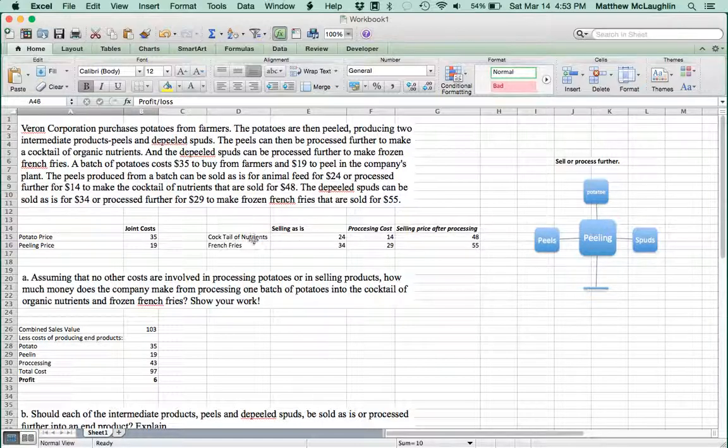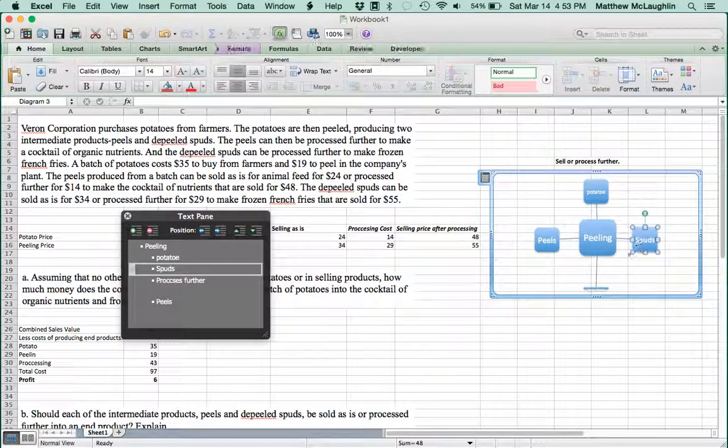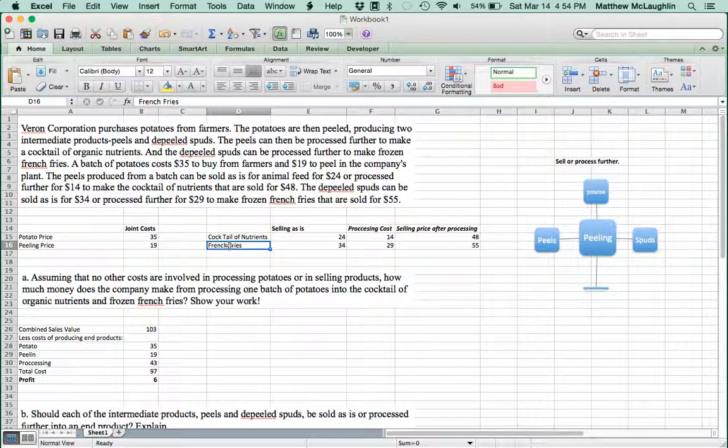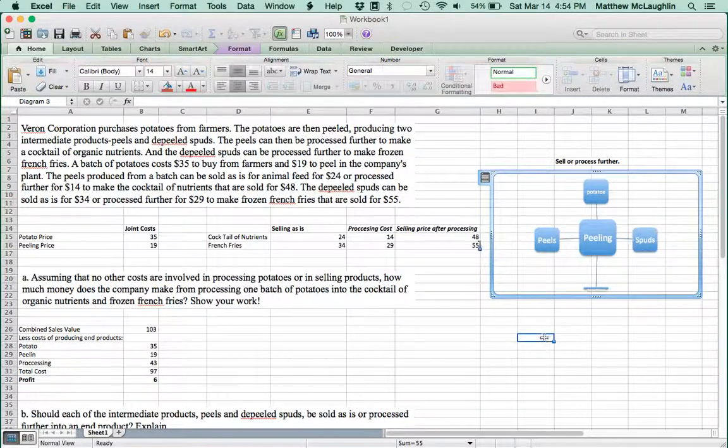Or you could take the peels and turn them into a cocktail of nutrients, which then gets sold for $48. Or you could take your spuds, which can turn into French fries, and sell those for $55. But you don't have to. So the question at hand is, should I sell it as is or process further?